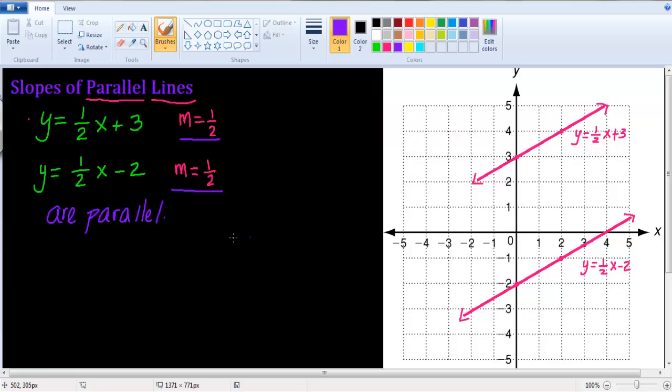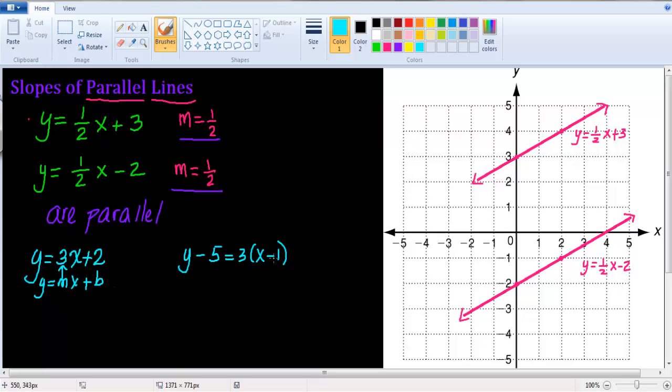Let me give you another example. Here I have 2 additional equations, and I'm going to ask you, are these 2 lines parallel? And how are you going to answer that? Well, you have to look at their slopes. Before we do anything, notice the first equation is written in slope-intercept form, y equal to mx plus b, where the slope is 3.